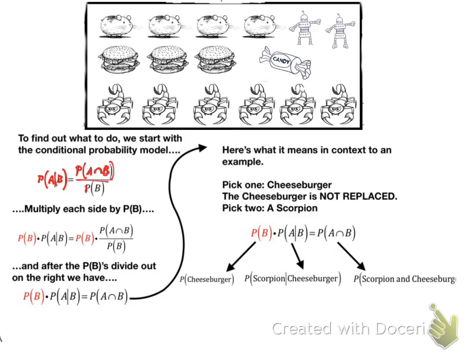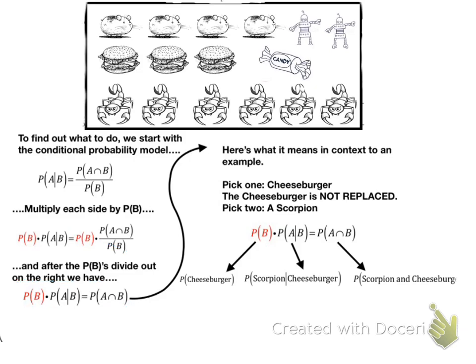It's the probability of A and B divided by the probability of B. So we multiply each side by the probability of B, that's what's in red over there, so that we can cancel out these probabilities of B. And this is what you're left with here: the probability of B times the probability of A given B equals the probability of A and B.